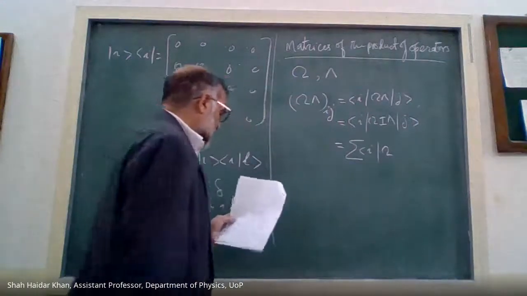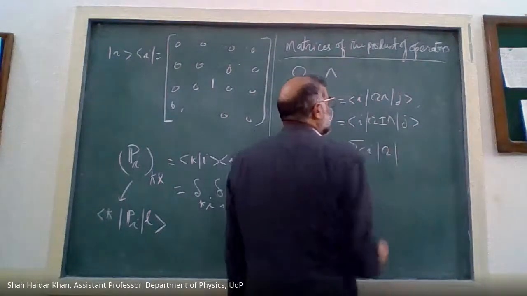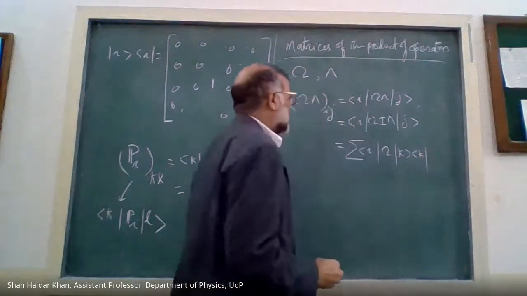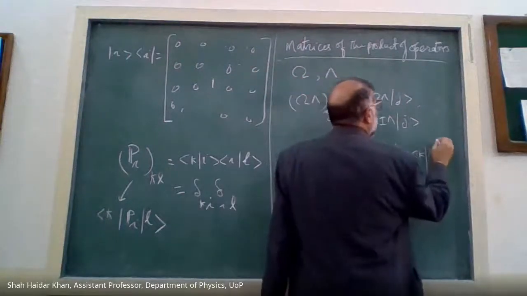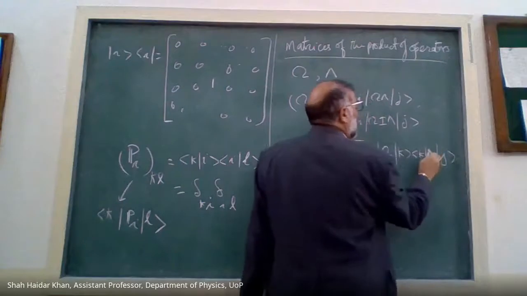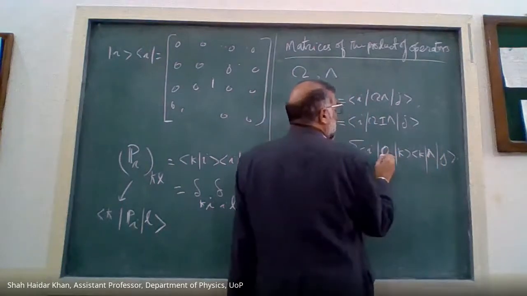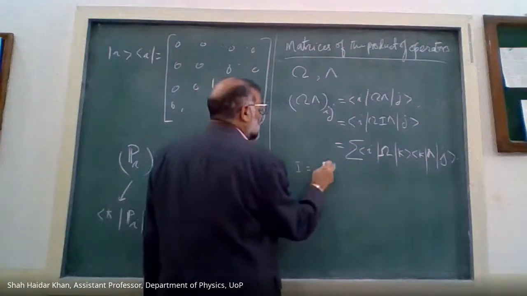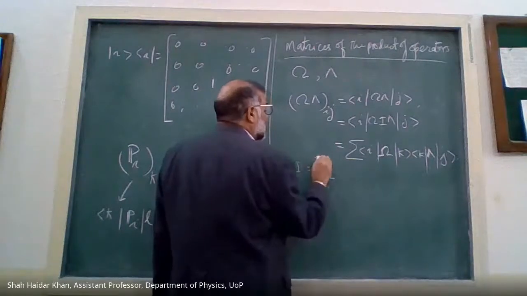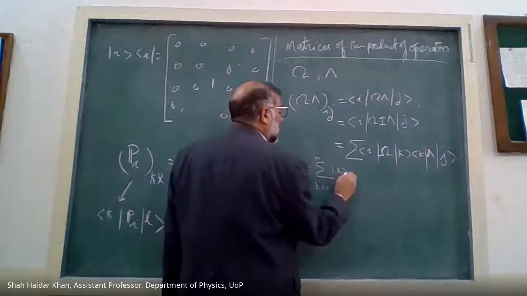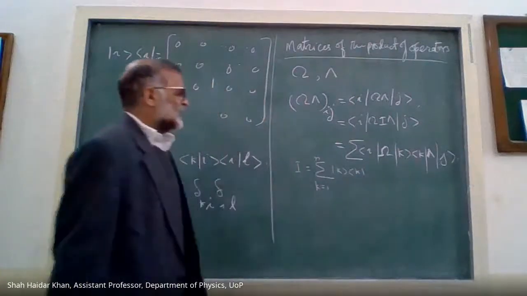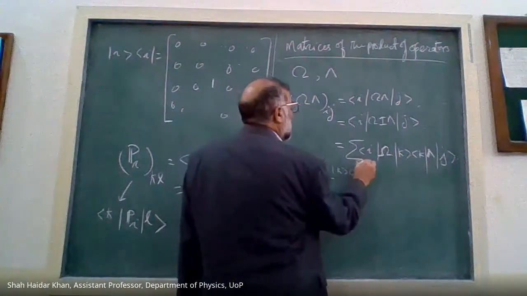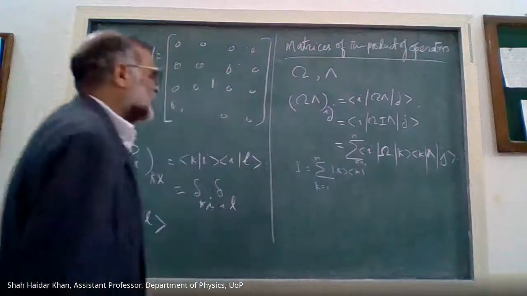Omega and lambda are operators, and I replace the identity operator by the sum over ket k, bra k, where k starts from 1 and goes to n.